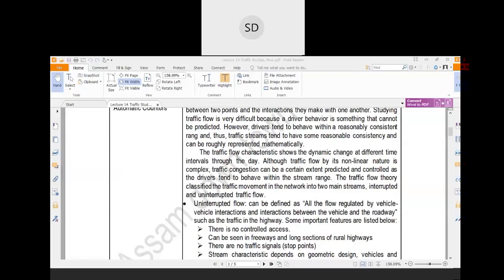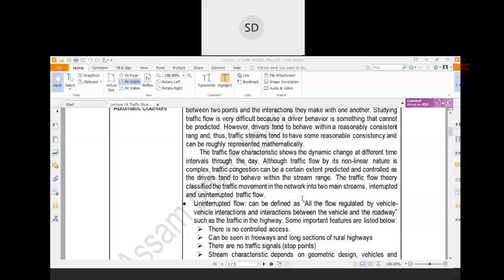Now, although traffic flow by its non-linear nature is complex, traffic congestion can be predicted to a certain extent and it can be controlled.